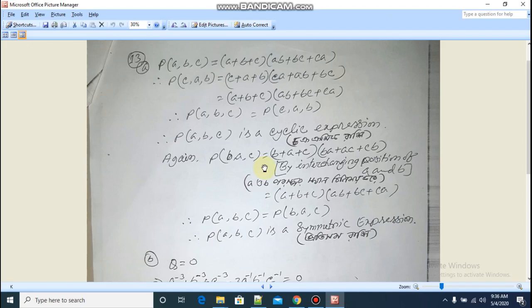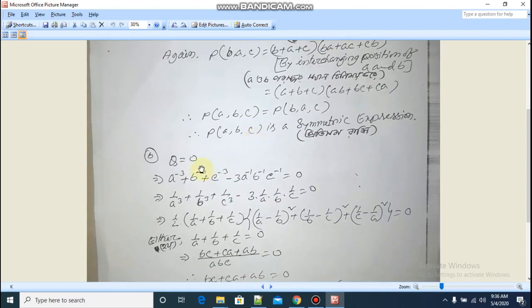If the new expression after changing two variables and the previous expression are the same, then we call this a symmetric expression. P of ABC equals this, we interchange B and A, we find this is the new expression, this is the previous expression, but they are the same, so P of ABC is a symmetric expression.